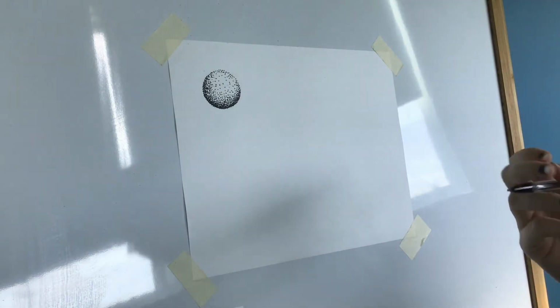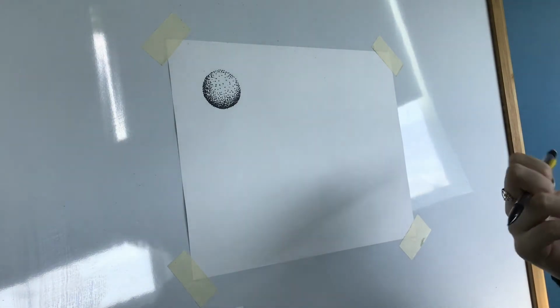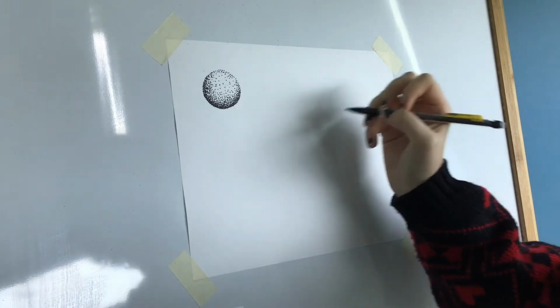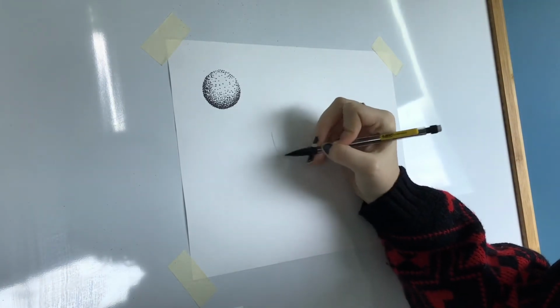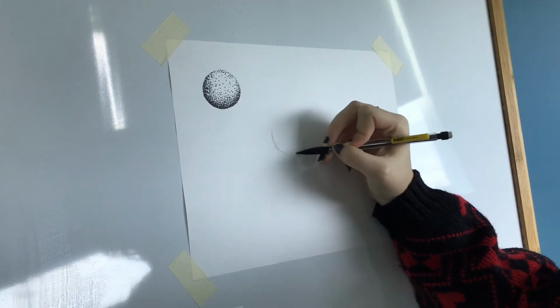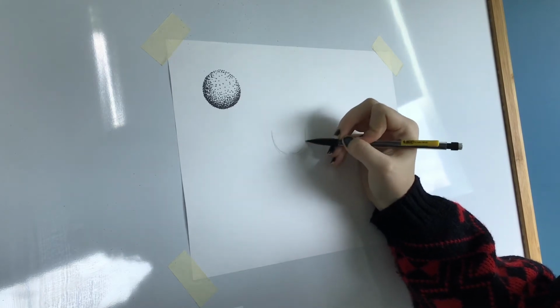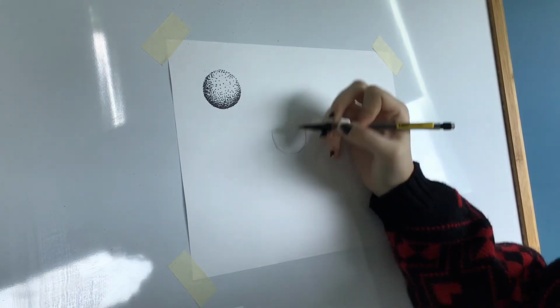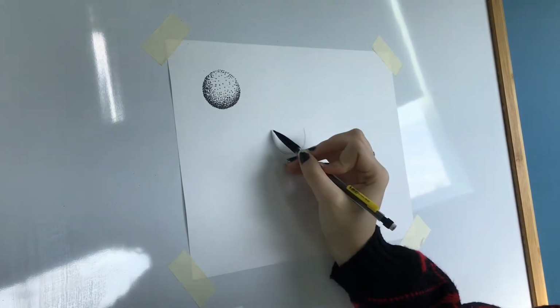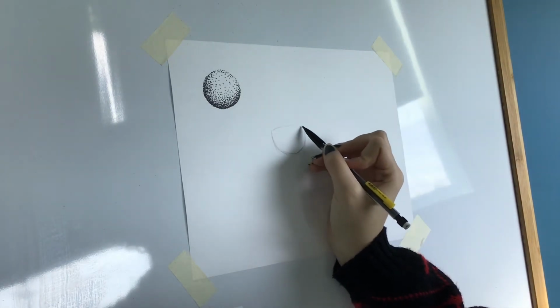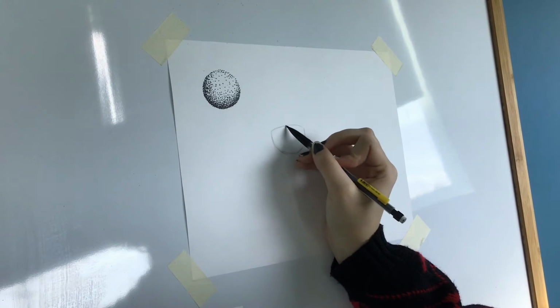So we're going to just make a little teacup. Using a pencil, you could sketch out that shape. Your teacup can look however you want, but I like having a very round bottom. Coming to the top, less round.